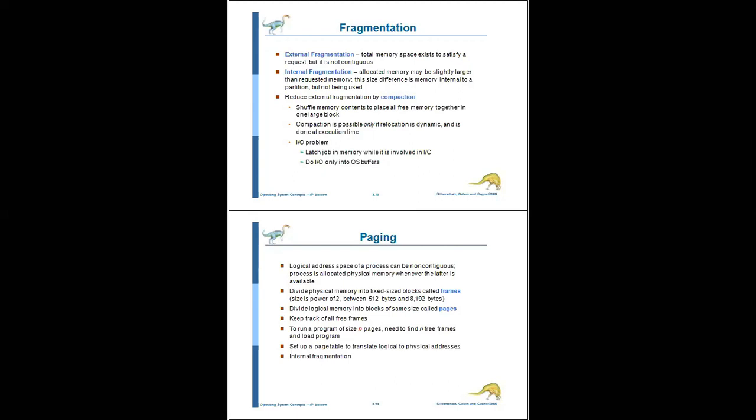So paging is a non-contiguous method. By using the paging concept, we avoid external fragmentation.